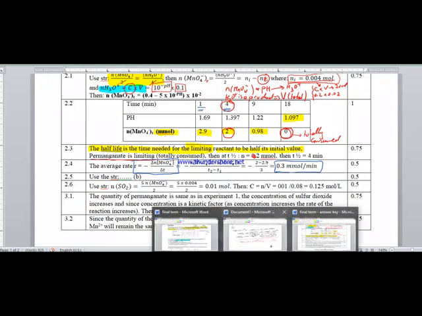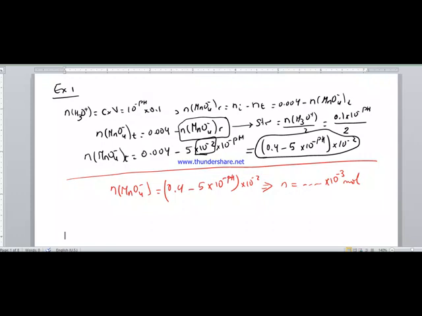Many students made mistakes here. I have to convert from mole to millimole, so I multiply this value that came out by 1000. When I multiply by 1000, the answer is what is written here. For example, at t equal to 4 minutes, the answer on the calculator for the number of mole is approximately 2 times 10 to power minus 3 mole.